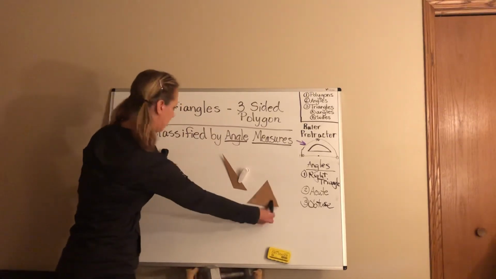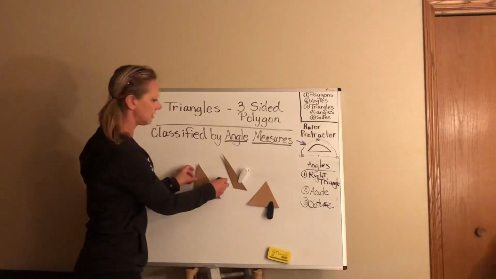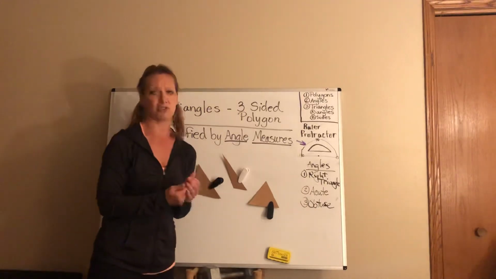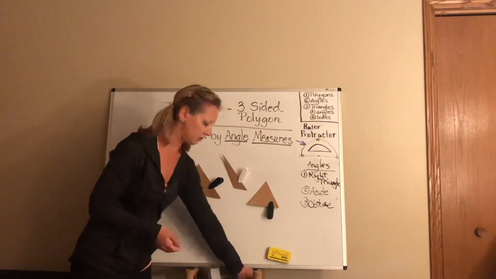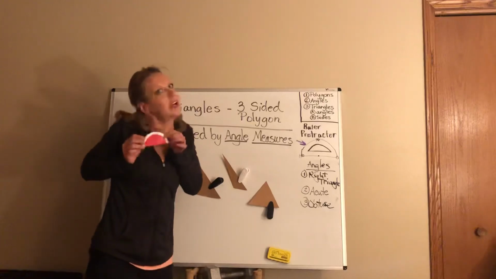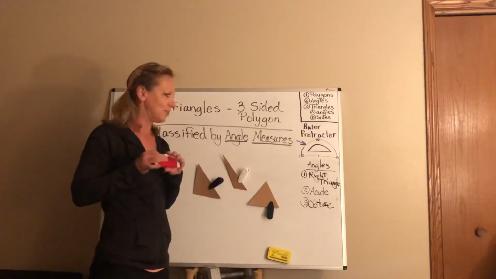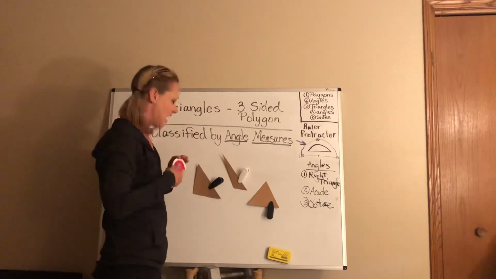And so there you have some different triangles. Now when you are trying to measure your angles using your protractor, whether it's a fancy one like I have or a fancy one that you have, it doesn't really matter.